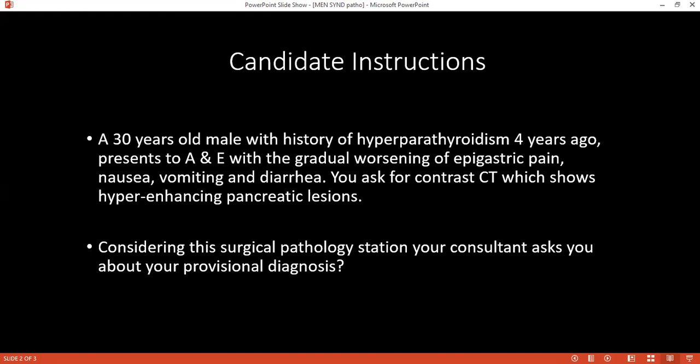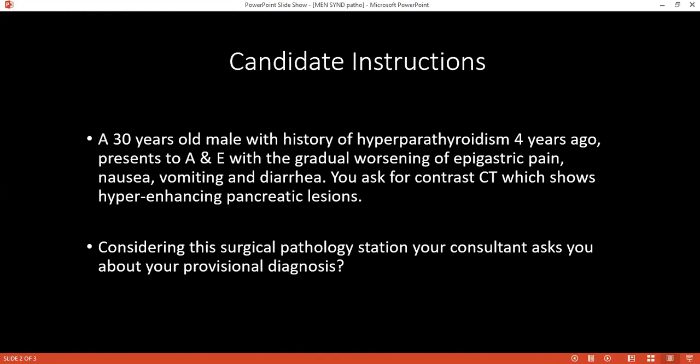If you can define the term hyperplasia. So hyperplasia is an increase in the number of cells in an organ or a tissue, in response to any stimulus.